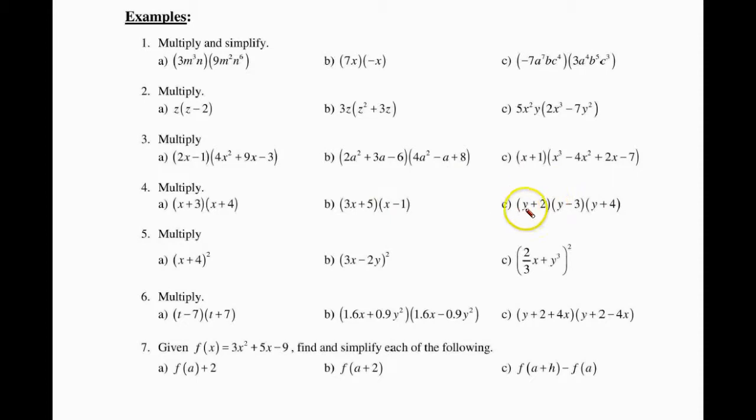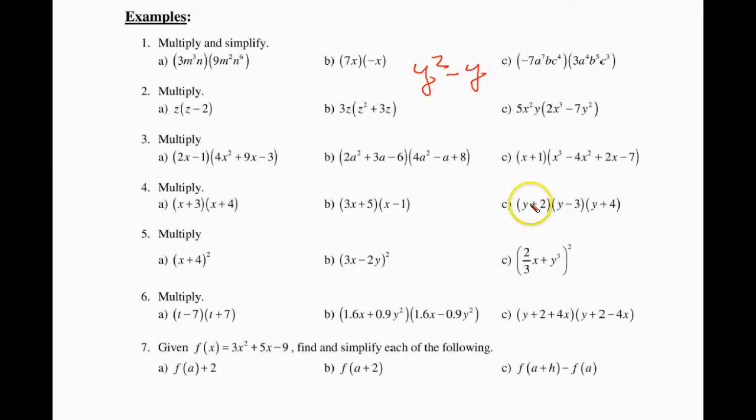In example C, what you would do here is do the FOIL on two of them. So let's do this one. This is going to be, I'll write it up here, y squared. Now when I do my outers, I get a negative 3y, inners a positive 2y, which leaves me with a negative y for my middle term.